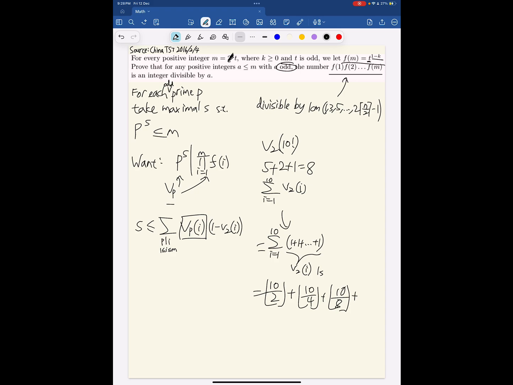You'll see that this is actually an infinite sum, but all of the rest of the terms are 0, so I'll just delete them. Do you see how this is related with this?